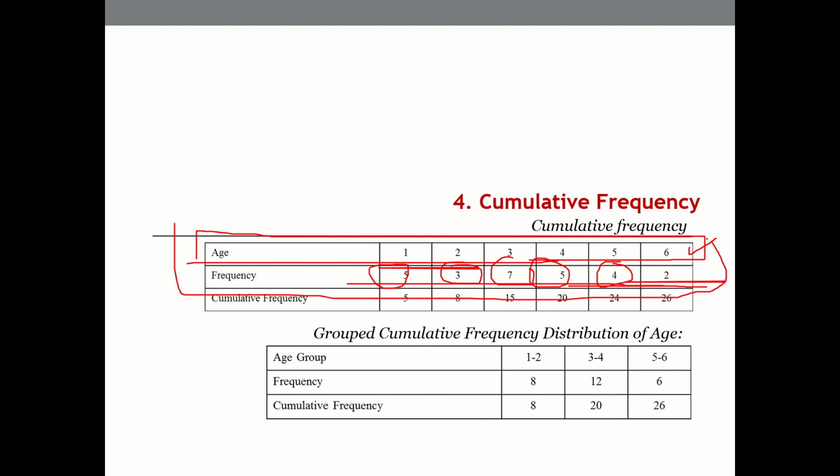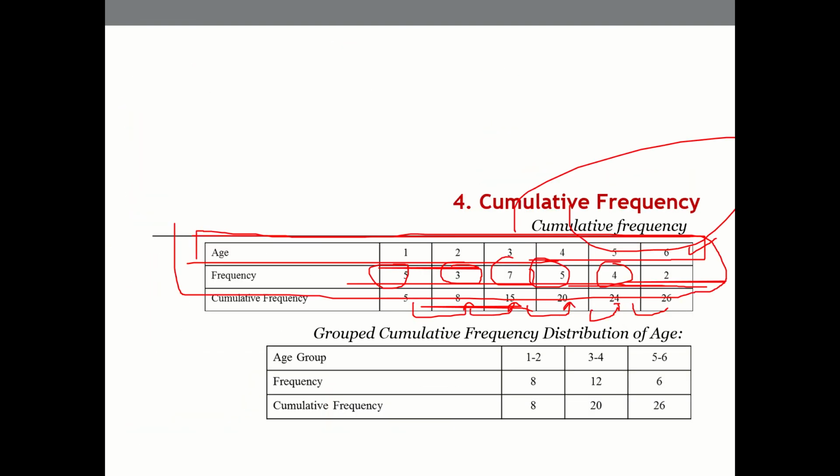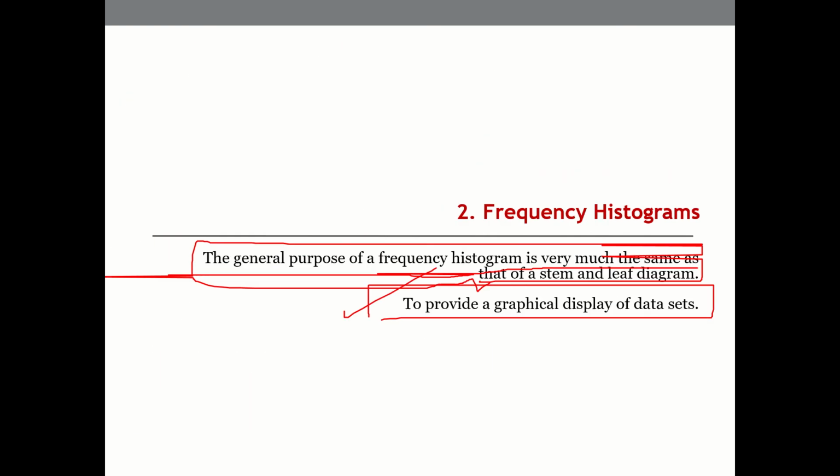This is called, like a frequency table only, but a cumulative frequency table. So the numbers are added up to show what is the accumulation that occurs in the data sets. So this is also one way of putting the data set in a good manner.